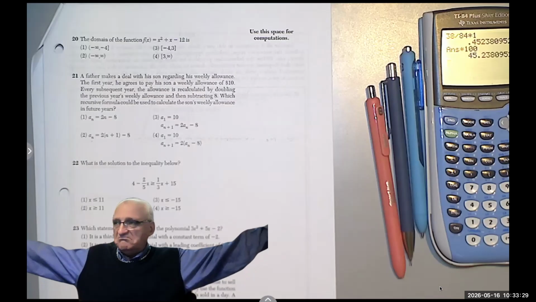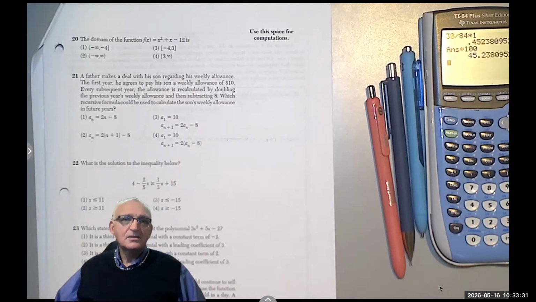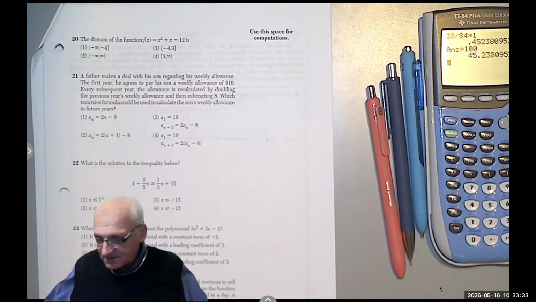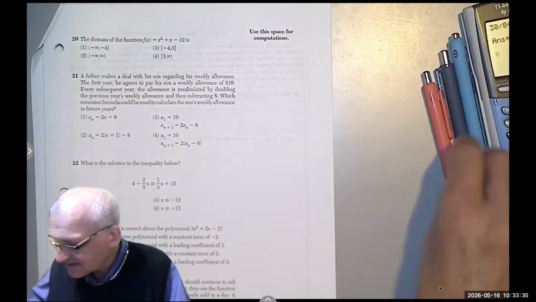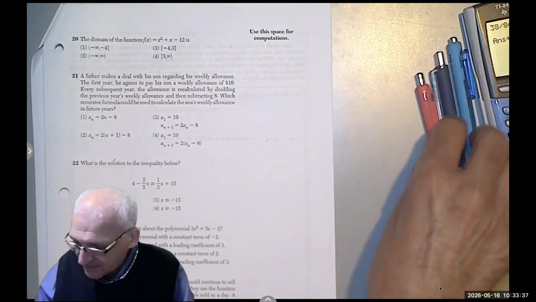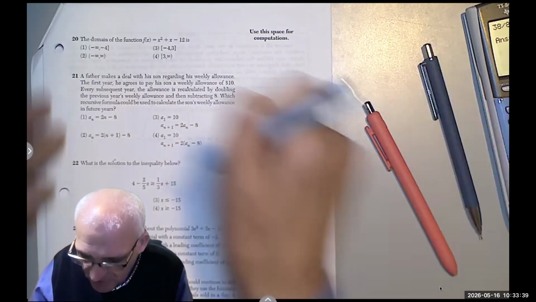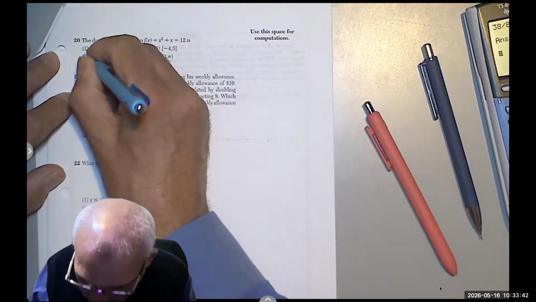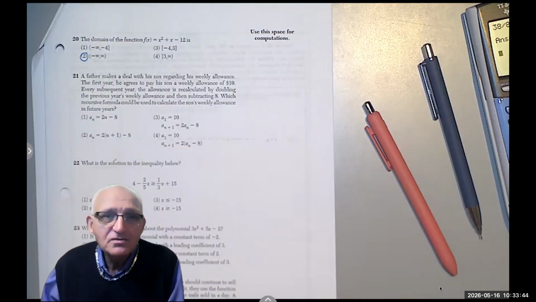There is no reason to think it will ever have a discontinuity in the middle or something. So this is number 2, -infinity to +infinity. It shouldn't take you 5 seconds.